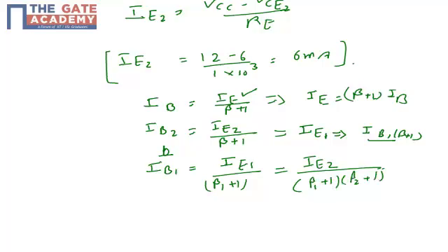In our case, beta 1 and beta 2 are equal, 50 each. Putting in IE2, which we have just calculated as 6 milliamp, and calculating this value, it is equal to 2.31 microampere. My IB1 is 2.31 microampere.